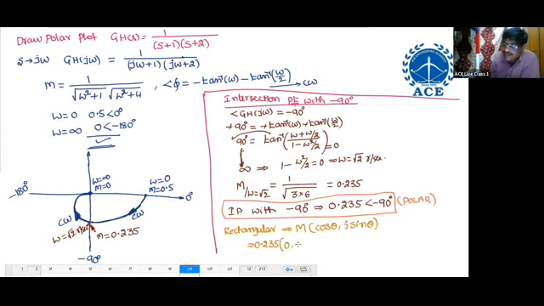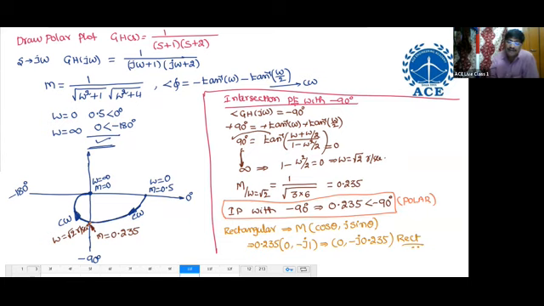Sin of minus 90 is minus 1. So minus j. That means the rectangular coordinate is 0 comma minus j0.235. Here the real part is 0 and the imaginary part is minus j0.235. That's all.